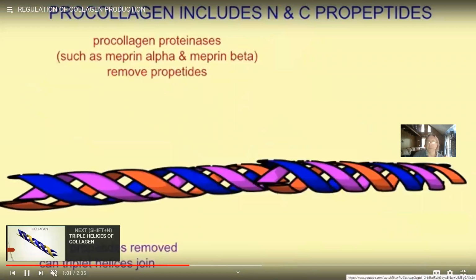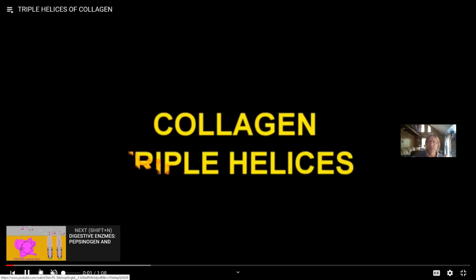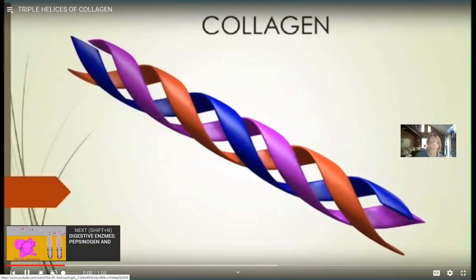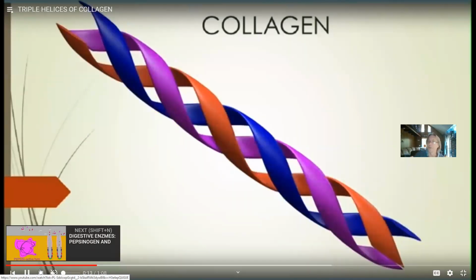And then plus, you'll notice that collagen is made of a triple alpha helix. Now notice I had different colors there. They don't have to be different colors, because you could have one collagen gene code for each of the 3 triple helices, which then get joined. But you could also use 3 different collagen genes. And so a lot of proteins are functional when they clump together in their quaternary structure.